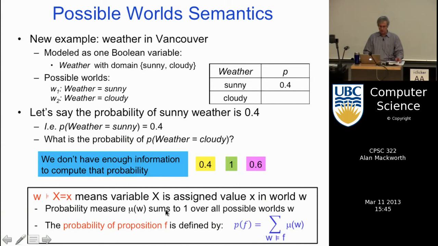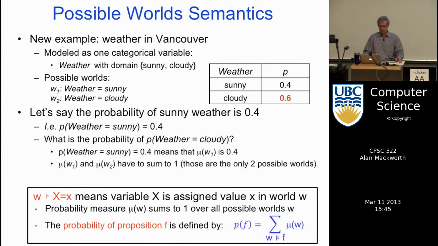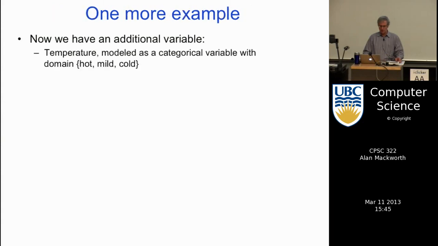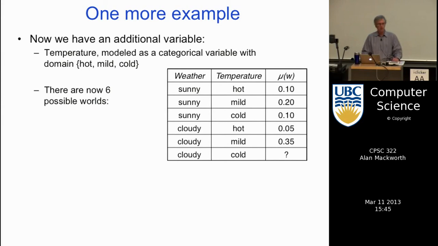The probability measure has to sum to 1 over all possible worlds. That's how we got 0.6. And the probability of a proposition is defined by the sum of the measure over all worlds in which it's entailed to be true. So it's a very concrete notion of measure attached to the world. That's the basic idea of probability theory, attaching measure to worlds, and that's something the agent has to do.